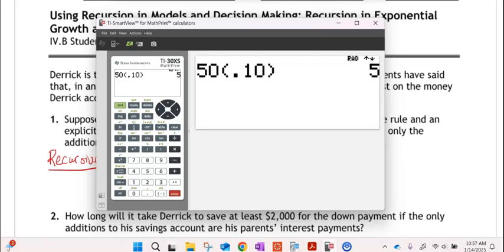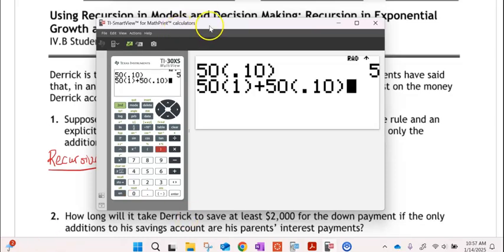So what I need to consider is that $50 times 1 plus the $50 times 0.10. The $50 times 1 is that $50, and then I have the $50 times the 10% of that. So if I do that, now I have $55.